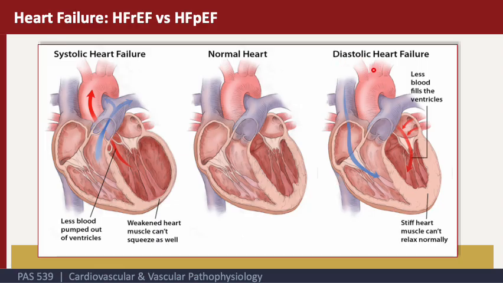Versus a diastolic heart failure, where you may have a stiffer ventricle, not necessarily weaker, but a stiffer ventricle, and you still have less blood that is being filled within the ventricle.